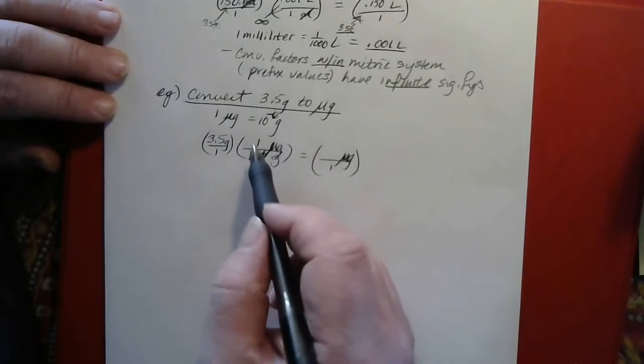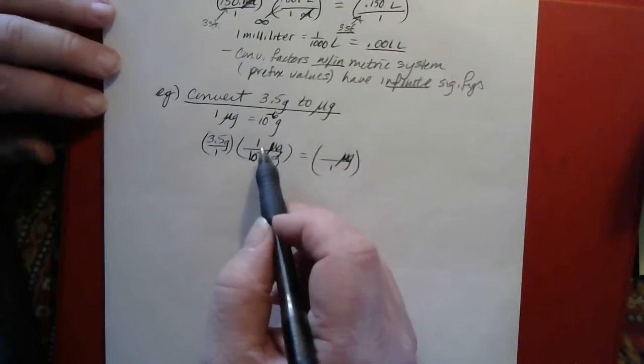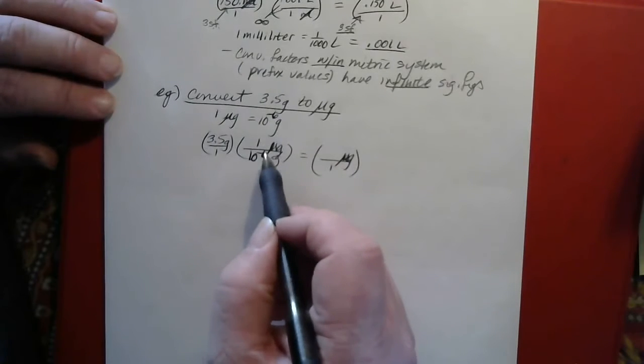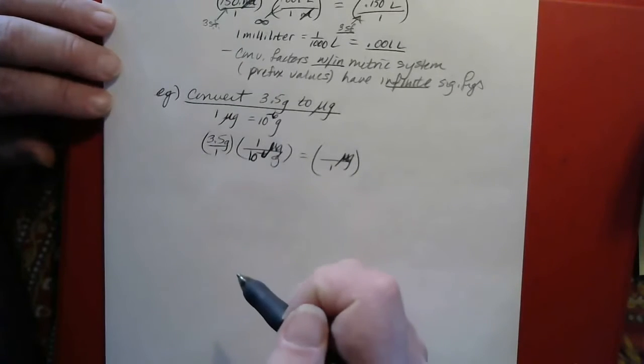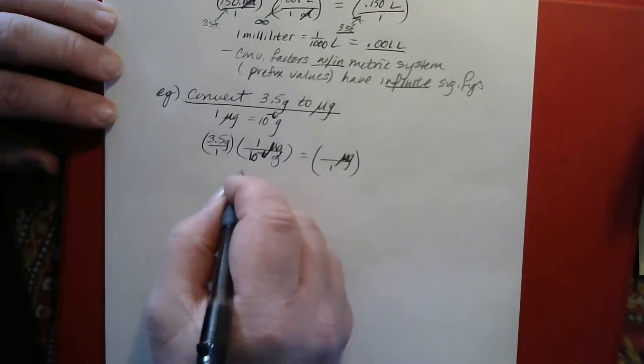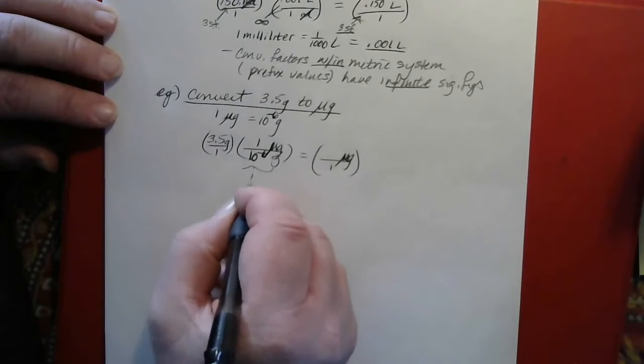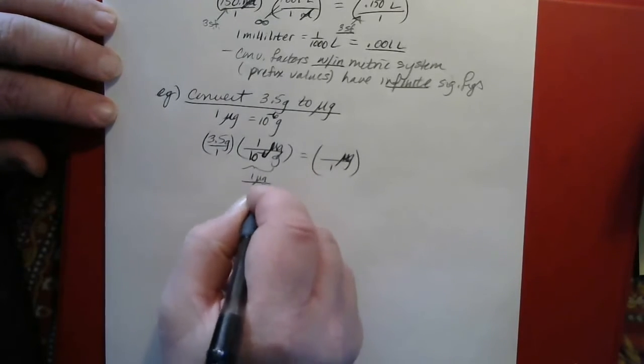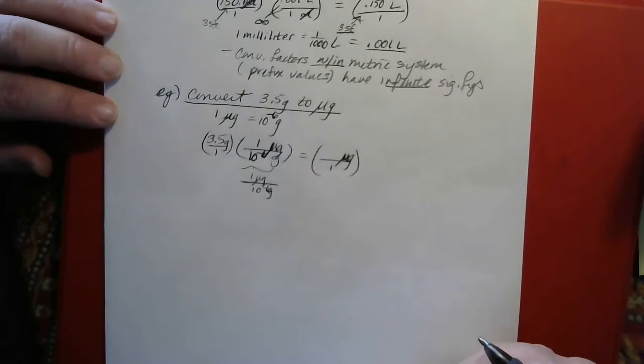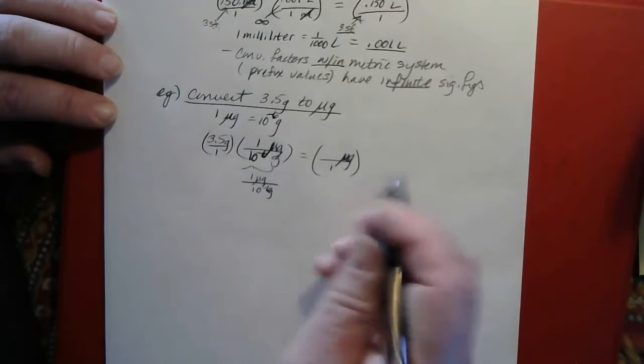It's a little hard to see because things got written on top of each other, but it's 1 microgram over 10 to the minus 6 grams. So that's what that is.